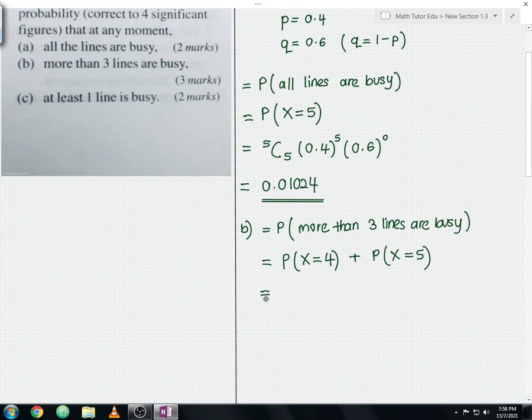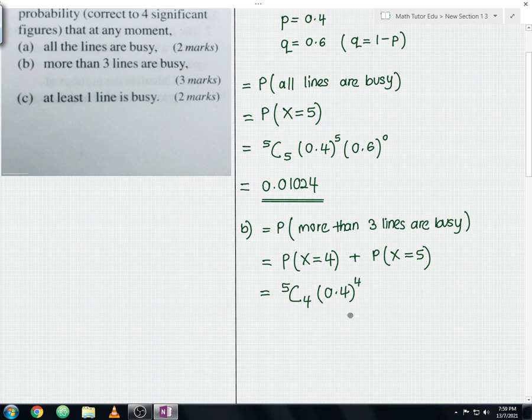Out of the 5 telephone lines, 4 telephone lines are busy. So from here, you choose 5C4, and then you include the probability of success, in this case 0.4, to the power of the number of successes, which is 4.